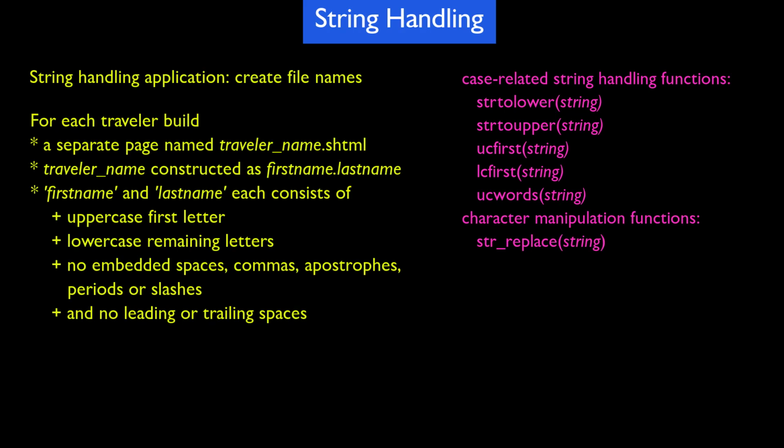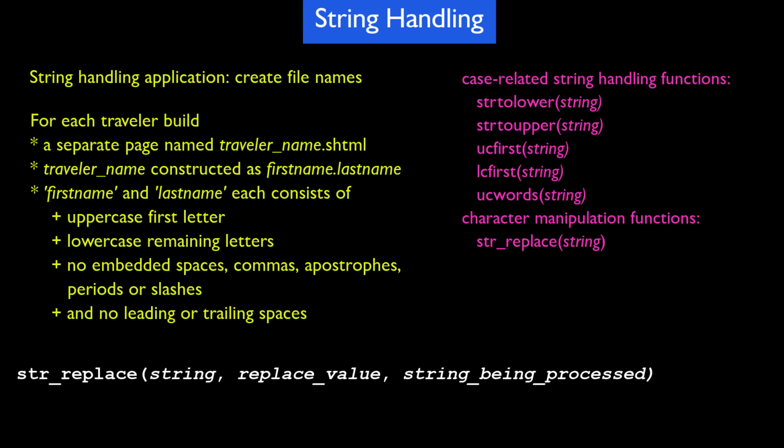We find str_replace invaluable. The syntax is str_replace of search string, comma, replace value, comma, string being processed. That is, examine the string being processed, and everywhere you find the search string, replace it with the replace value.